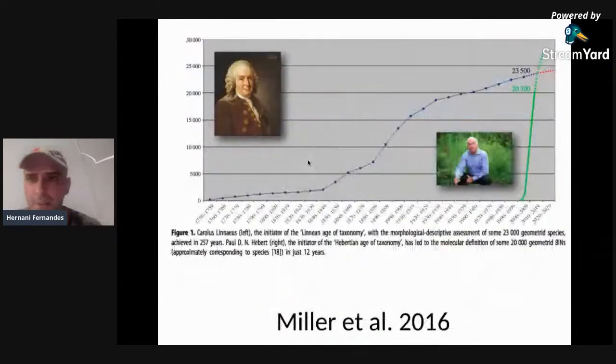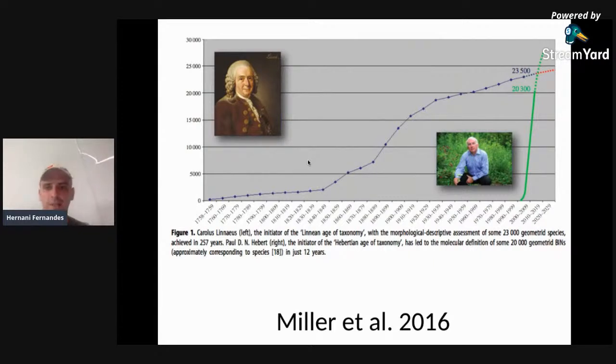And this is very interesting because it has triggered a big surge in the number of species that have been described in the last 20 years since this technique was developed. If you think about geometrids, for example, Lepidoptera, since Linnaeus started to describe species, we have roughly 23,000 species of geometrids described.